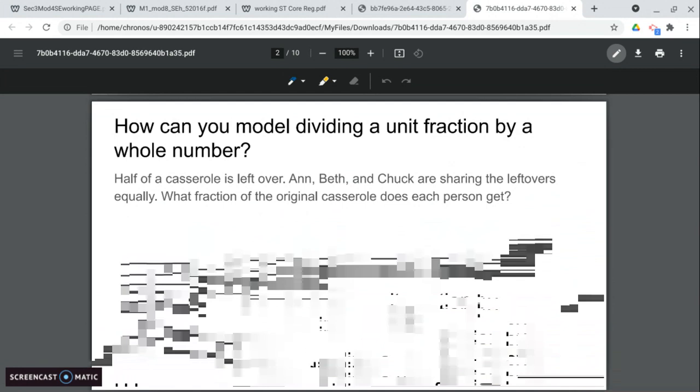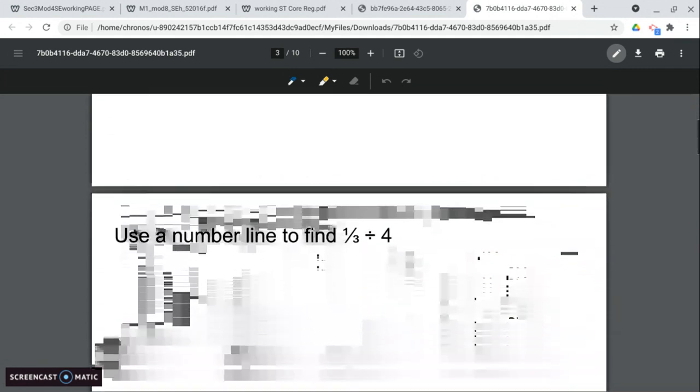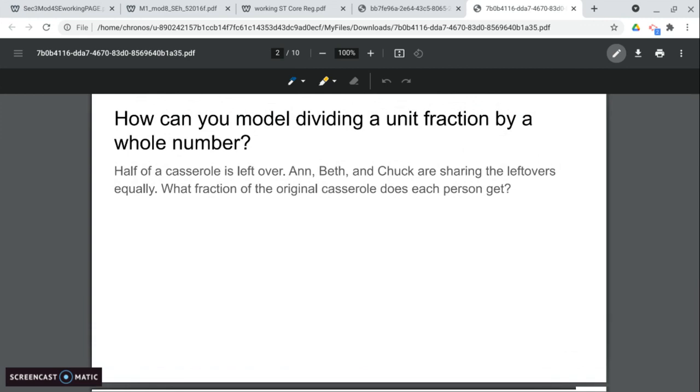So one way that we can do this is to draw a picture to help us represent this situation. So we have a pan with half of it left over.